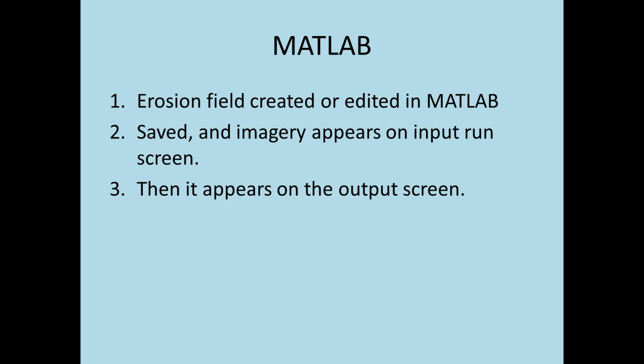Now I'm going to show you that now. After it's saved and the imagery appears on the input screen, as number 3 says here on your screen, then it appears on the output screen when you run it, and that's what we're trying to aim at. So let me show you the MATLAB screen here.